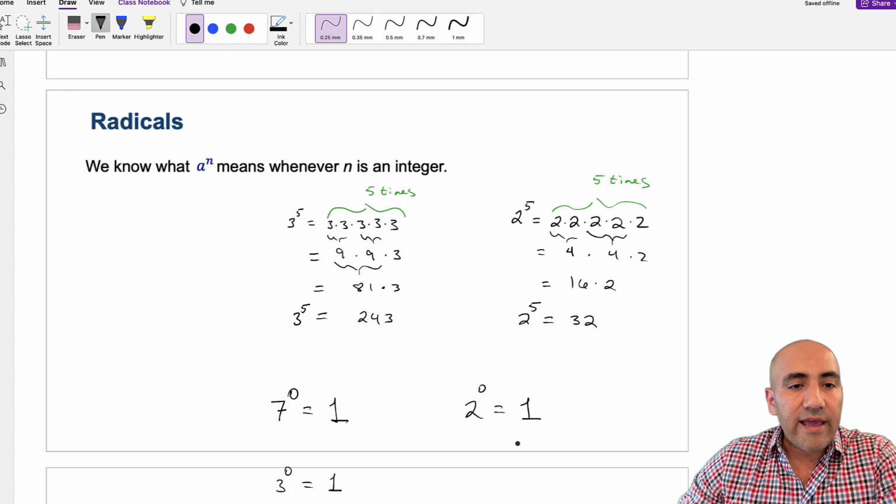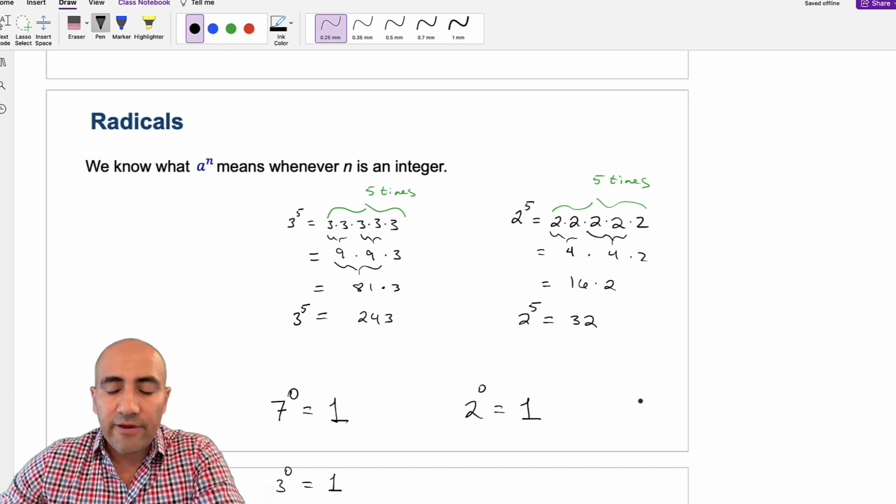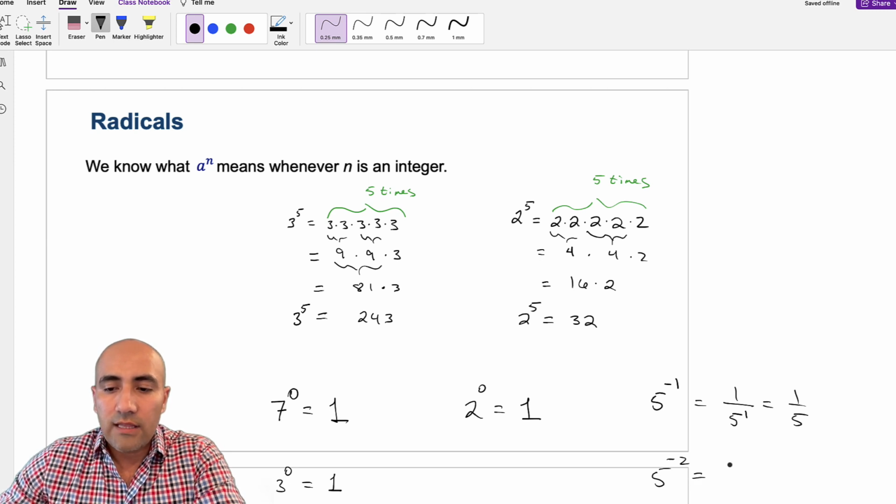And then when we have negative counting numbers in the exponent, hopefully that is also familiar. If we had 5 to the power of negative 1, the way we treat the negative in the exponent is to rewrite it as 1 over 5 to the positive 1 power, which is just 1/5. If I had 5 to the negative 2 power, that would be 1 over 5 to the positive 2, which becomes 1 over 25.